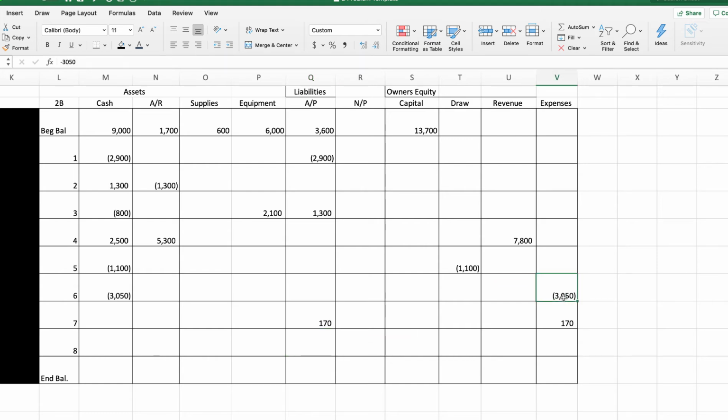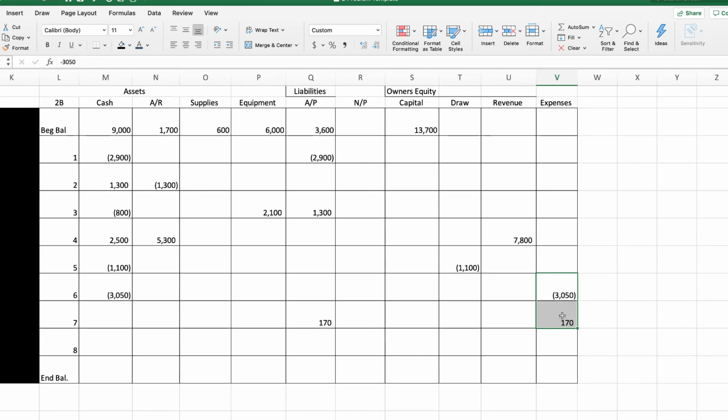Because my expenses in transaction number 6 was a negative to keep the accounting equation in check, that's good. But in actuality, my expenses are going up, not down, okay? So here in transaction 6, I'm saying my expenses are going down. Here I'm saying they're going up $170.